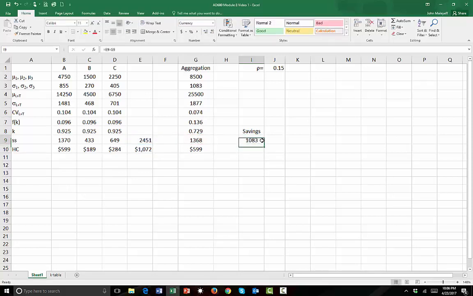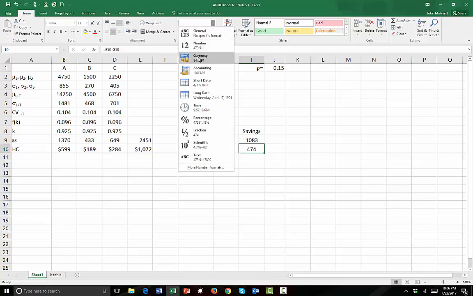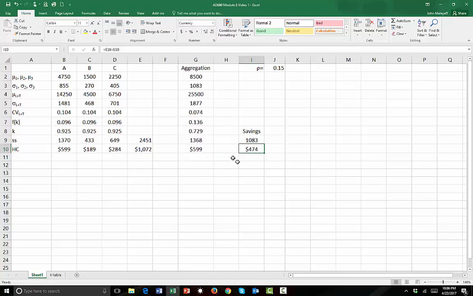So we'll have that much less inventory for syringes on an ongoing basis, and the cost savings will be $474. Alright, so there's your key result right there, the $474 savings. Okay, and we see how we did the aggregation here. And life is pretty simple if you know the formulas and you're a little bit proficient with Excel.